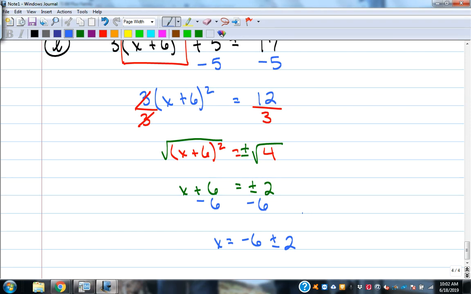I can work that out because those are like terms. Negative 6 plus 2, I can work out. That'd be negative 4. Negative 6 minus 2, that'd be negative 8. So I'm working those out because those are regular numbers. If this had a square root on it, I wouldn't even work it out.